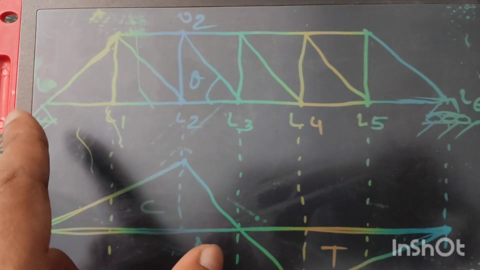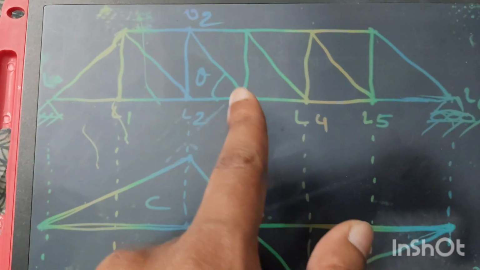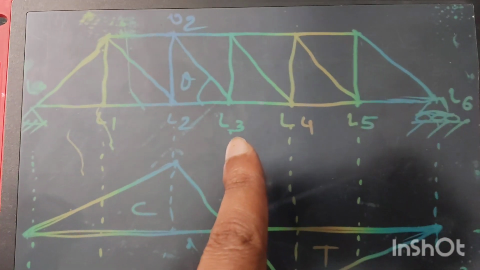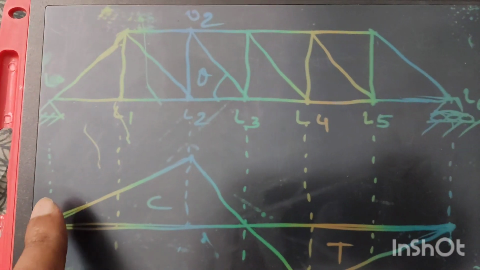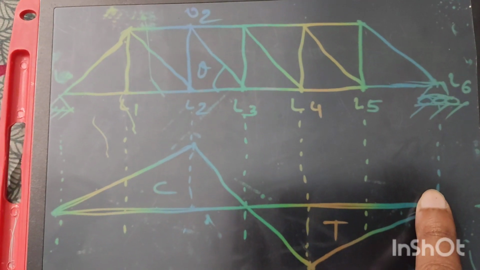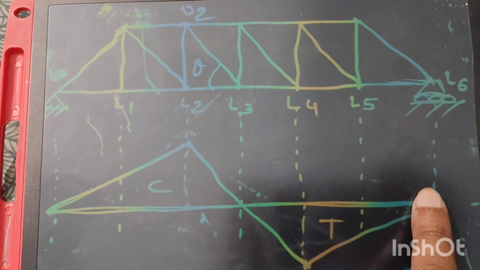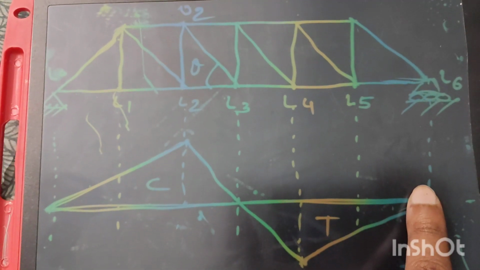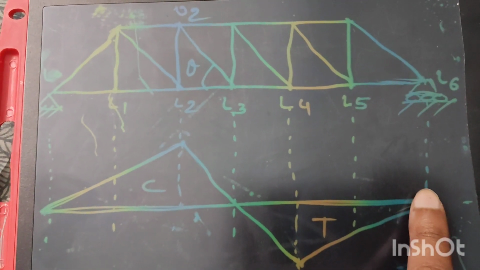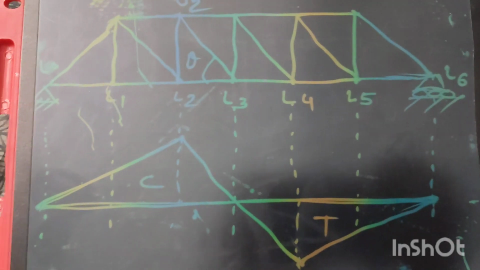Now the force produced in U2L3 is 0 when the unit load is at a support, either this end or this end.